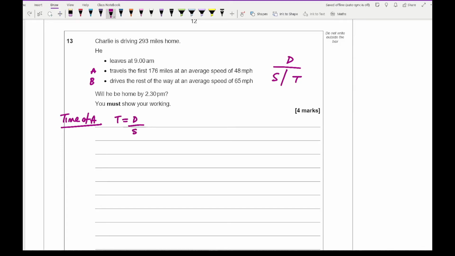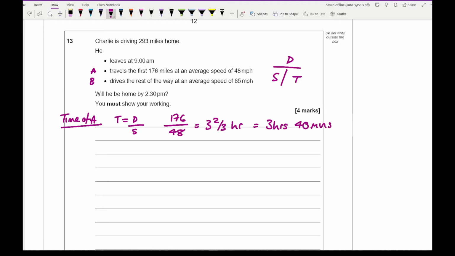And so that's going to be 176 divided by 48. And if I type that into my calculator, I get an answer of 3 2/3 of an hour, which is 3 hours and 40 minutes.